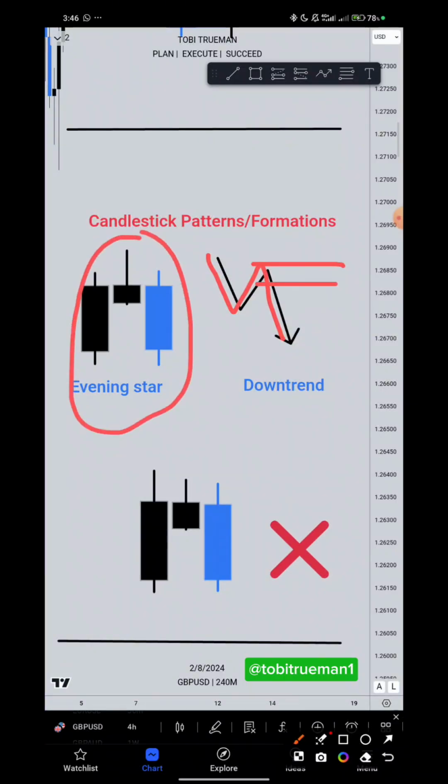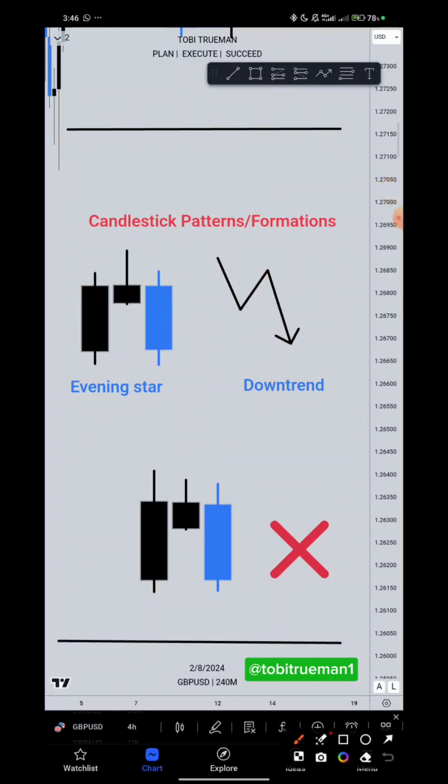All we want is for price to go back to this candlestick pattern and continue to sell. So this evening star pattern is just for continuation of what the trend is already doing. Since the trend is selling, the evening star candlestick, when it appears, is going to continue selling when price taps into it. And we need to take note of something.